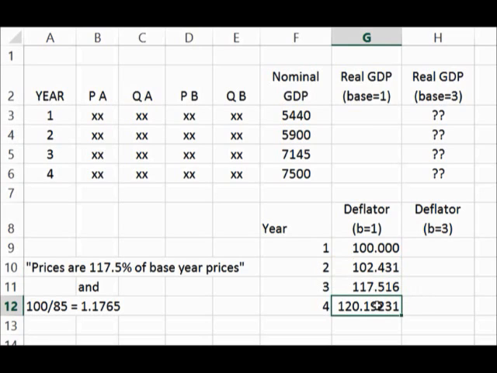And then again, the ratio of the deflators between years 3 and 4 should be the same ratio of our new deflator between years 3 and 4. All we need is a starting point. And we know that if the base year is year 3, the value of the deflator in year 3 must be 100.